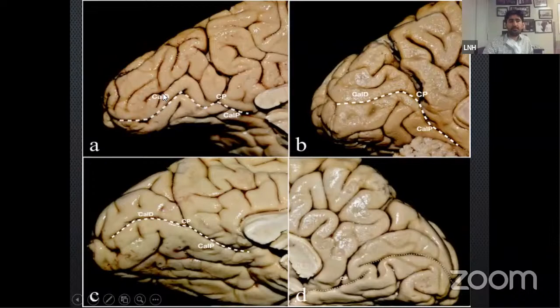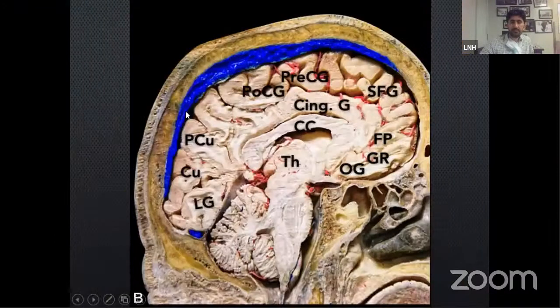This portion, which is situated above the calcarine fissure, is known as the cuneus, and this is the lingual gyrus. Again, this is a cadaveric diagram. We can appreciate the parieto-occipital sulcus, the calcarine fissure, the cuneus, and the lingual gyrus.